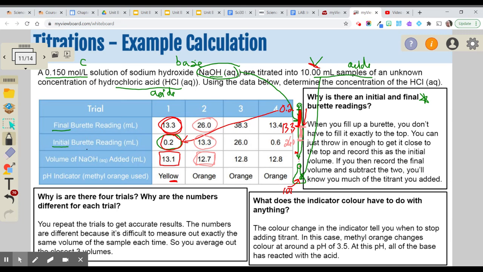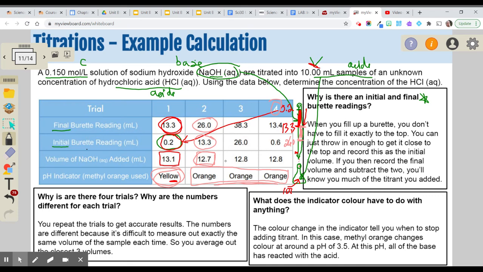You keep repeating this. You'll notice that 3 of these trials turned orange and 1 was yellow. This is because as we did more trials, we got a closer idea of how much volume it was going to take to change the color to our endpoint, so these trials got better and better. Typically there are 4 trials, and you get rid of the one with the weirdest off number.